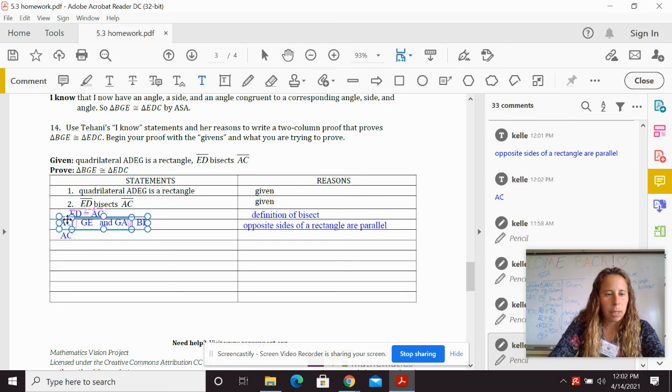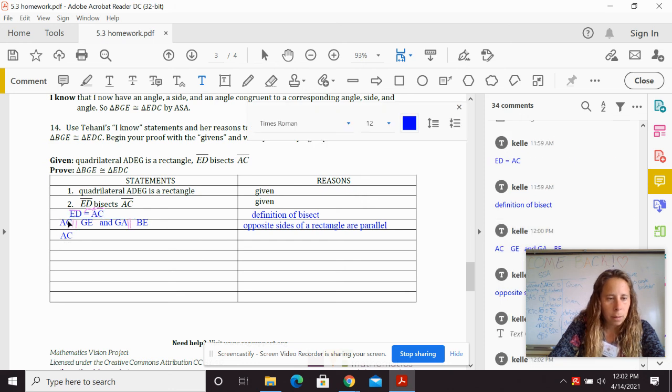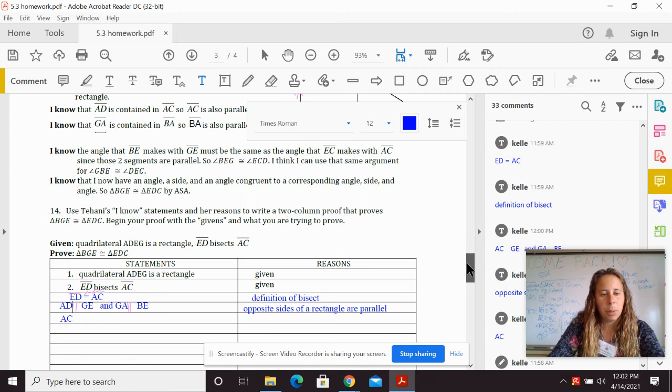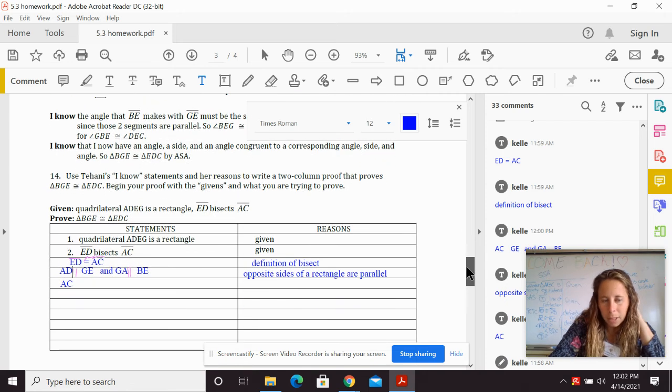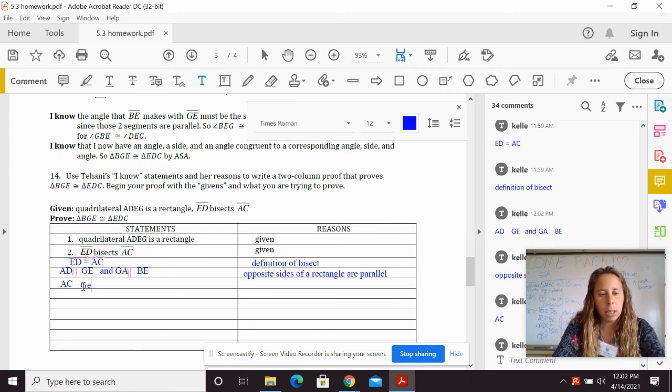This first one's supposed to be AD. Can I just erase this one letter? Thank you. I think that should have been AD. Sorry, that should have been AD. My bad, I got ahead of myself. So AC is also parallel to GE.